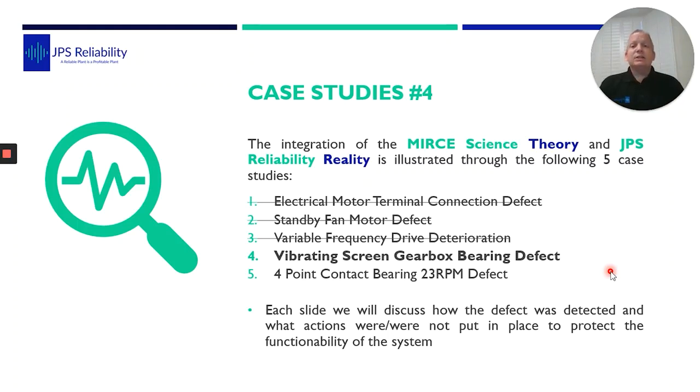The second case study was on a fan motor bearing, where we had transferred vibration from another running asset, which caused a failure and highlights another problem. The third one was a very interesting one on the variable frequency drive defect on that IVI card. And today we're going through the vibrating screen gearbox bearing defect.